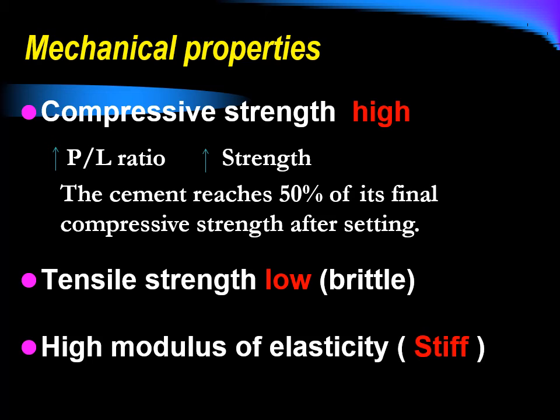That's why it is brittle. The strength of the cement is affected by the powder liquid ratio. Again, an increase in the powder liquid ratio increases the compressive strength. And this type of cement has a good property, which is that it reaches 50% of its final compressive strength after setting, or after 10 minutes from the beginning of the mix.